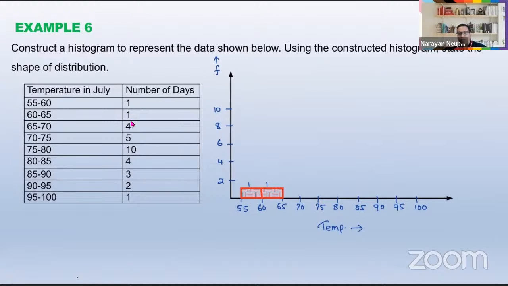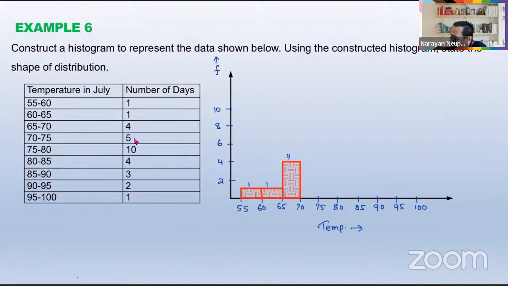Now, the next one, you can see for the next one, 65 to 70, the frequency is 4, our height is 4. So 65 to 70, the height should be 4. That is 4. So if we keep going like that, next one, height is 5.